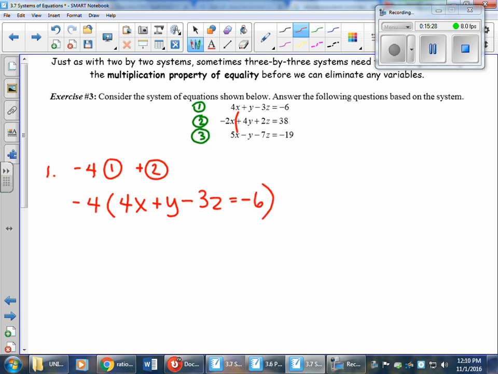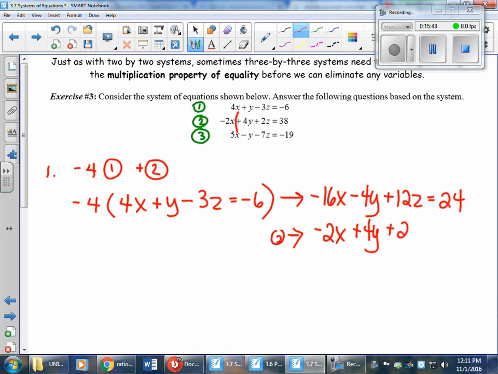And then I'm going to add it to, so that becomes negative 16x minus 4y plus 12z is equal to positive 24. And underneath it, I'm just going to write number 2. Number 2 is negative 2x plus 4y plus 2z is equal to 38. So when I add these, the y's go away.